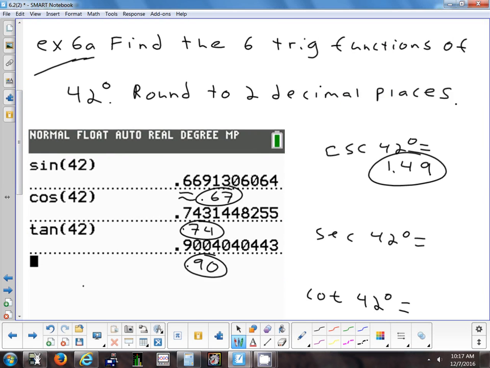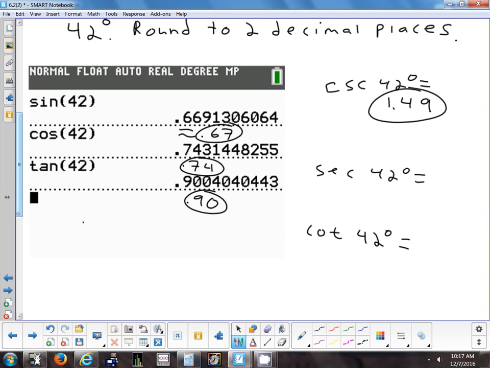Does anybody have 1 divided by cosine 42, what the secant would be? Cody? 1.35. Okay, and how about the cotangent of 42?